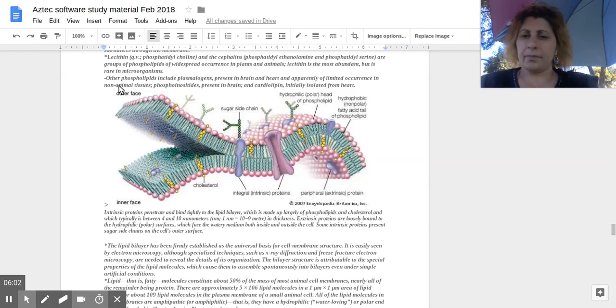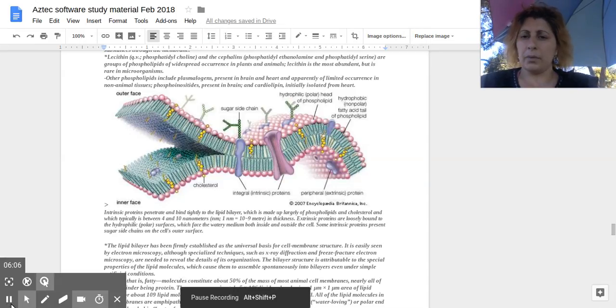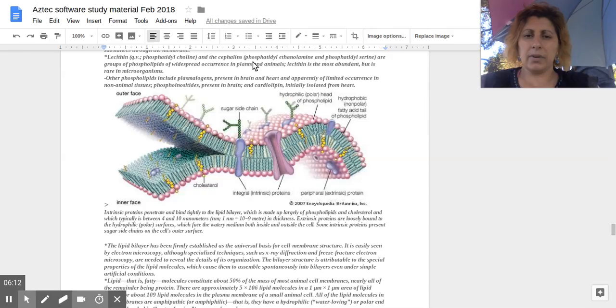For example, lecithin, which is phosphatidylcholine, and cephalins, phosphatidylethanolamine and phosphatidylserine, are groups of phospholipids of widespread occurrence in plants and animals. Lecithin is the most abundant, but is rare in microorganisms.